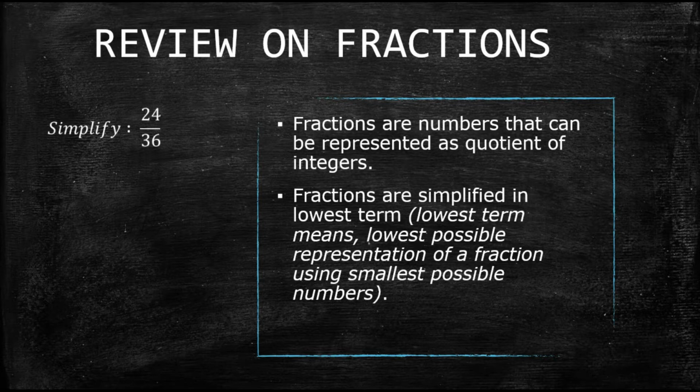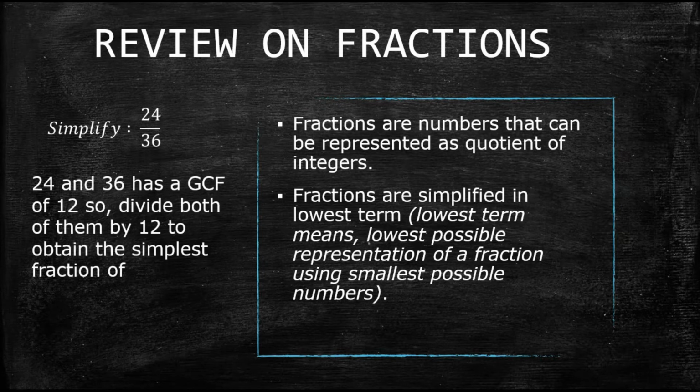Let's say, for example, 24 over 36. To simplify this fraction, you need to find the greatest common factor of the numerator and the denominator. In this case, the GCF of 24 and 36 is 12.